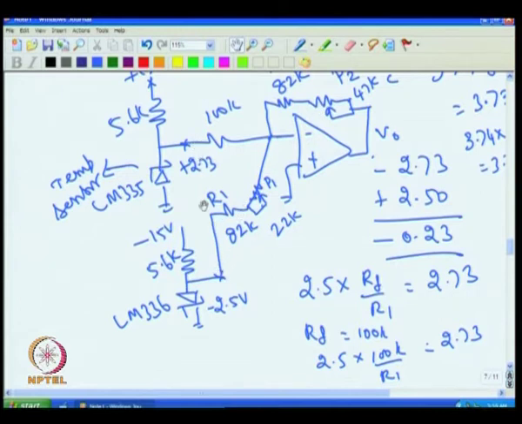So, if this changes by 7.5 millivolt, this and this are more or less equal to 1. So, we will have at the output 7.5 into 1, that will be 7.5 millivolt change at this point.